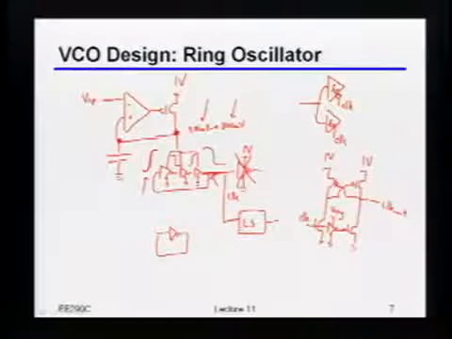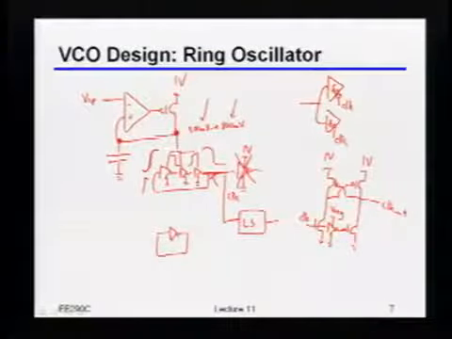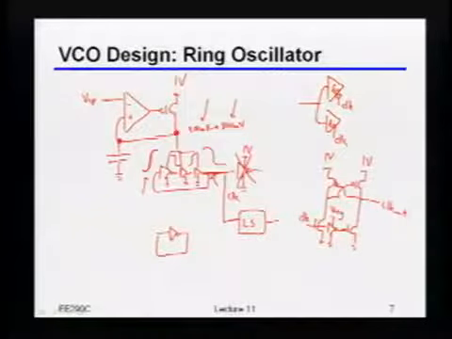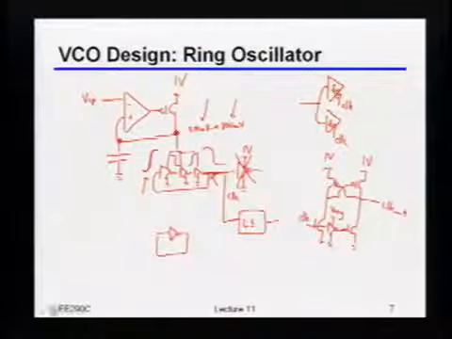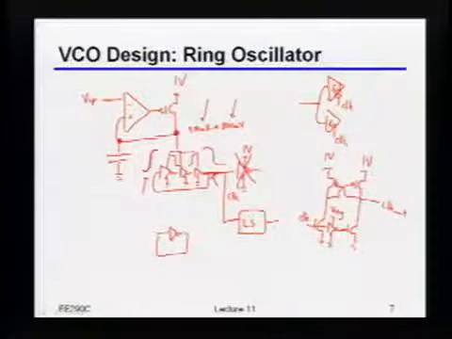A convenient way of doing that is to have two comparators, one running off the true phase of the clock, and the other running off the negative phase of the clock. So if I just took this thing and fed that directly into these two comparators, is that going to be good, or am I going to be unhappy?